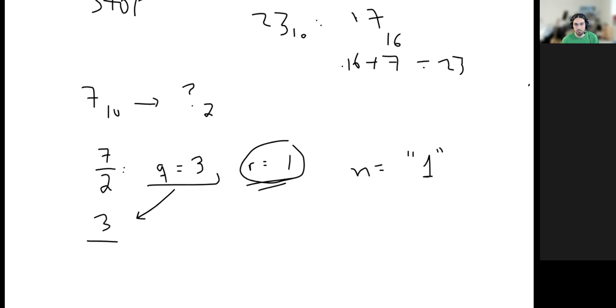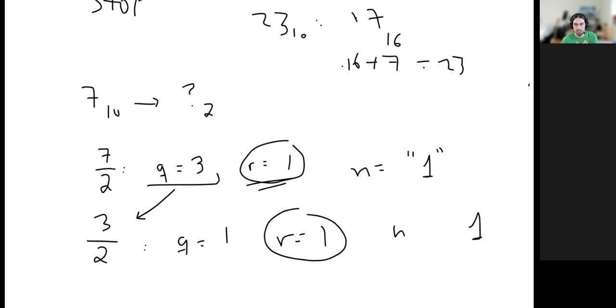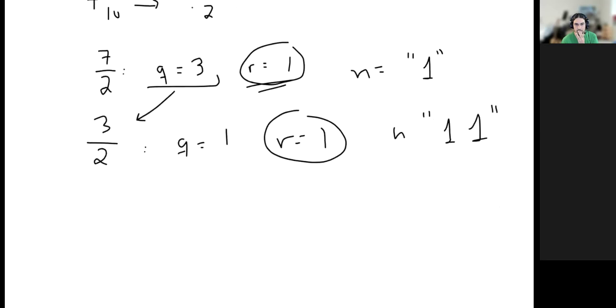So 3 divided by 2. And then we got, what is this? It's 1 times 2, remainder 1. And then take the remainder, add to the left. So the one that you had already, add it here, like that. Take the quotient, use it, 1 divided by 2. That gives you what?